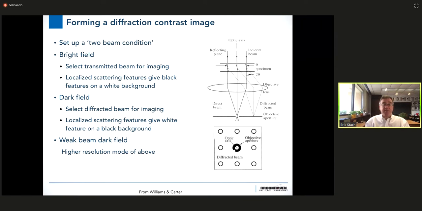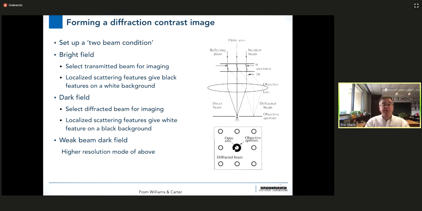It's a two-beam condition because we always have the transmitted beam coming along the optic axis of the lens. But by selectively choosing how we tilt the crystal, we can choose to have one set of planes in a strong diffracting condition.